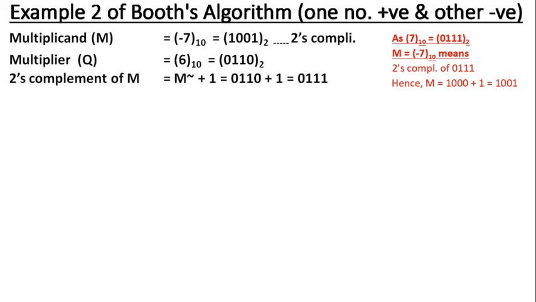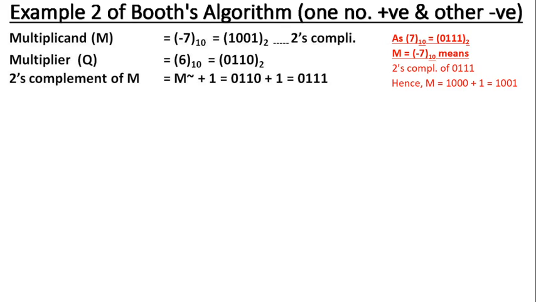Now we need the 2's complement of M itself. So once again form the 1's complement, M bar, plus 1. So ultimately the 2's complement of M is 0111. Basically positive 7 and negative 7, their respective binary values are 2's complements of each other.